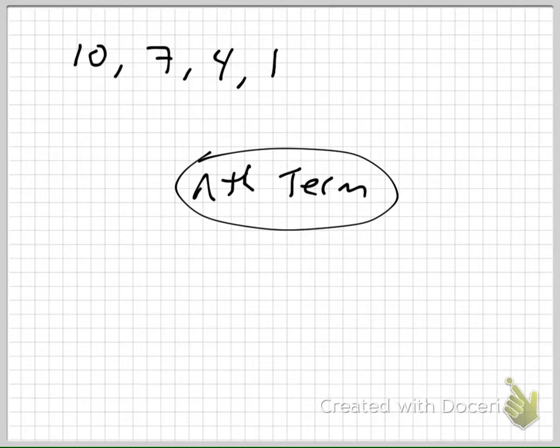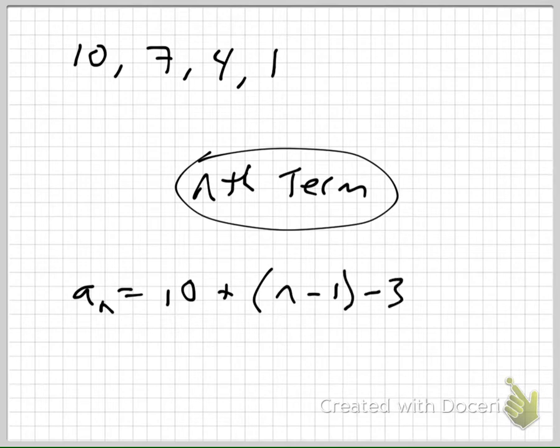To find the nth term, we don't know what number it is, so we just leave it with A_n equals, what is A_1? 10 plus n minus 1 times d. What's the common difference? Minus 3. What do I do now? Distributive property.